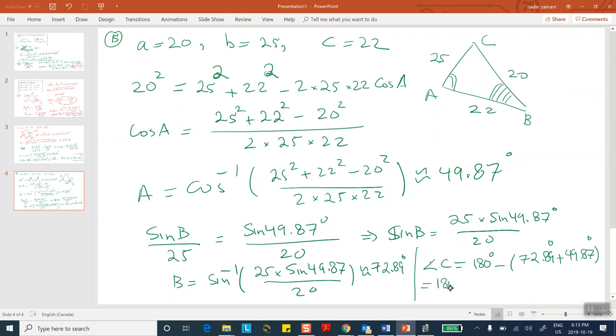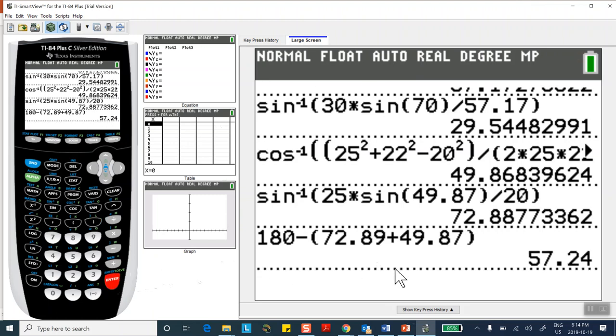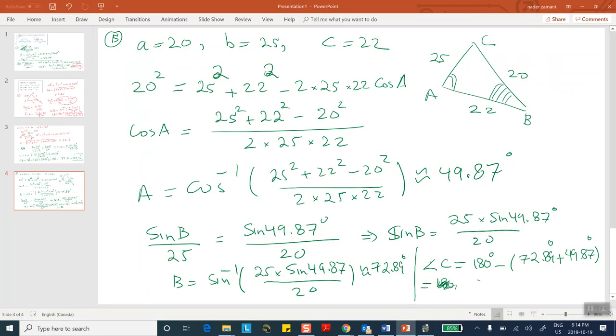Let me do that on my calculator. 180 minus parentheses 72.89 plus 49.87, and that is going to be approximately 57.24 degrees.